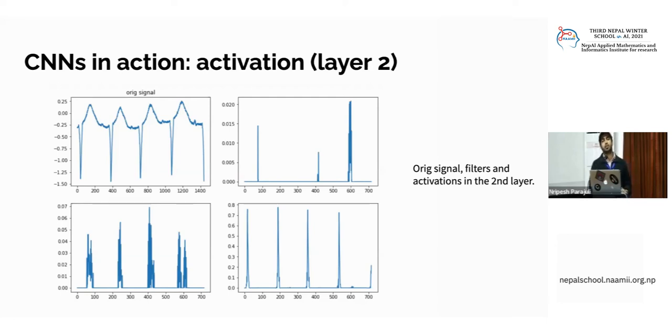But again, it depends on what kind of time series signal you have. If there's some sort of non-linearity to it, like stock forecasting, there's no fixed pattern with stock forecast signals.